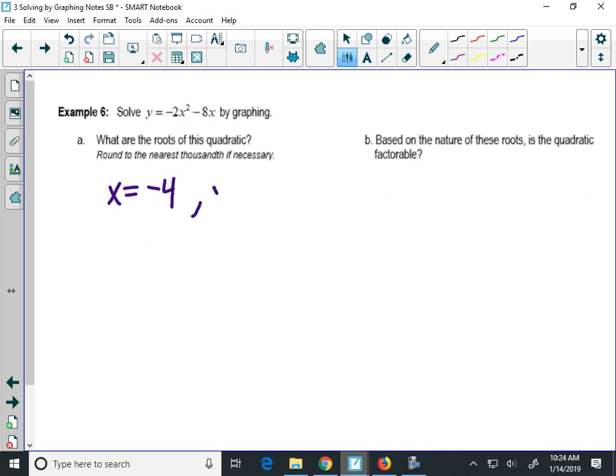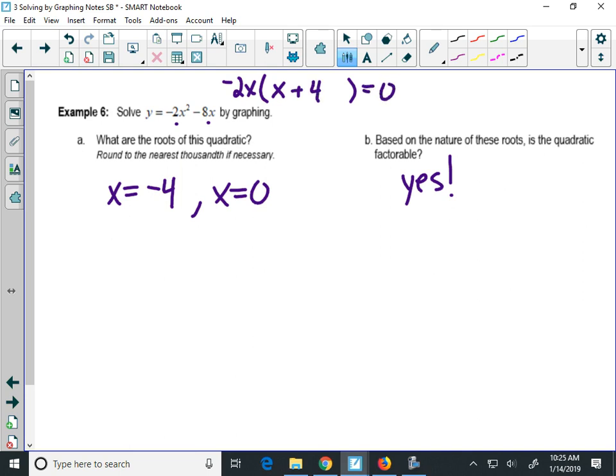Those two roots, negative 4 and 0, are rational numbers. So yes, this quadratic is factorable. I'm not going to do the whole thing, but if I have two terms here, this one's actually factorable by GCF. I can pull a negative 2x out in front, and I'd be left with x plus 4. That is factored form, and then you could solve and get the same root.